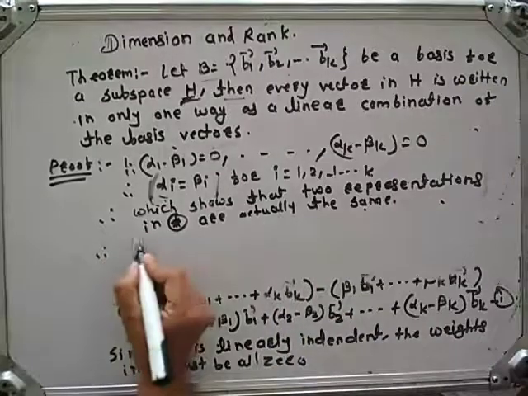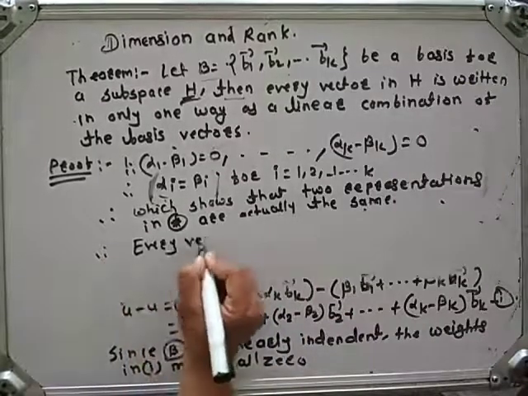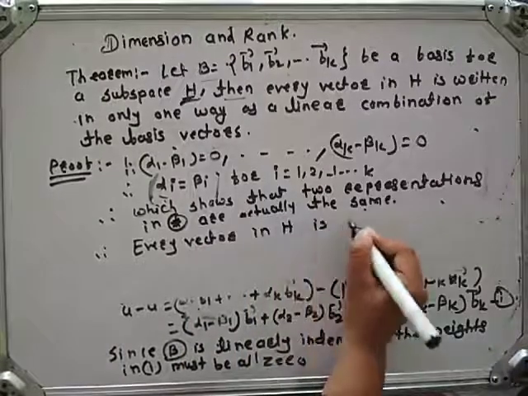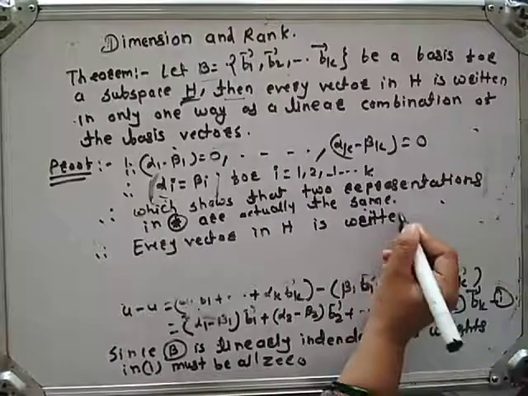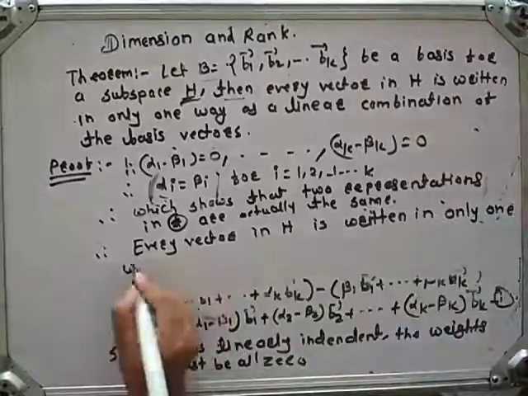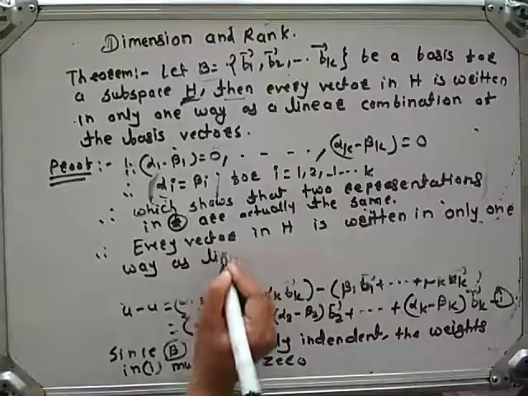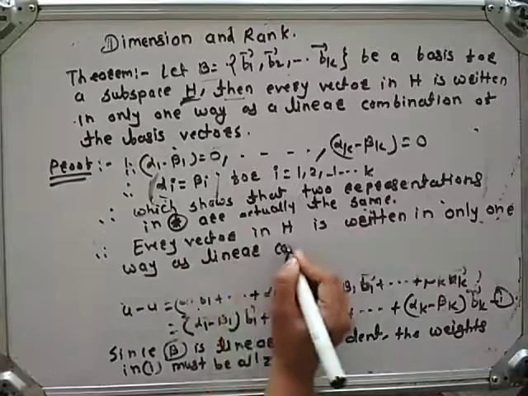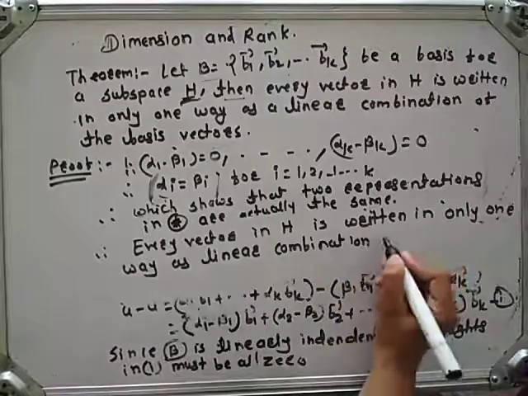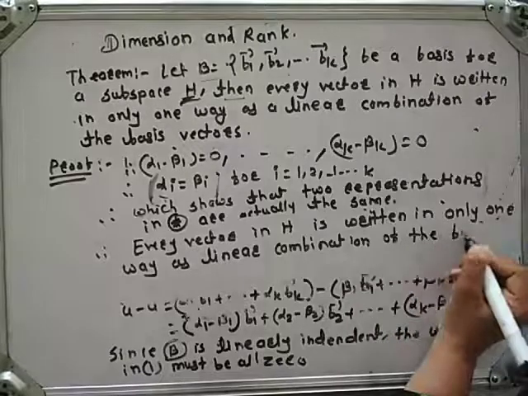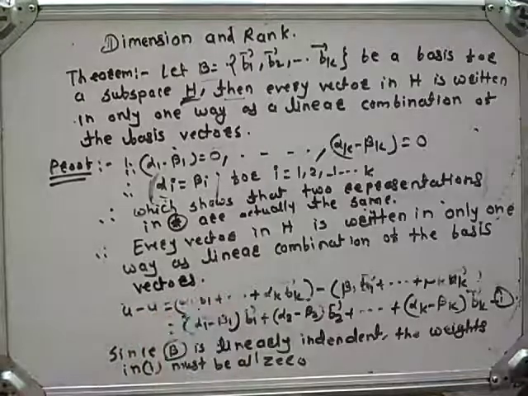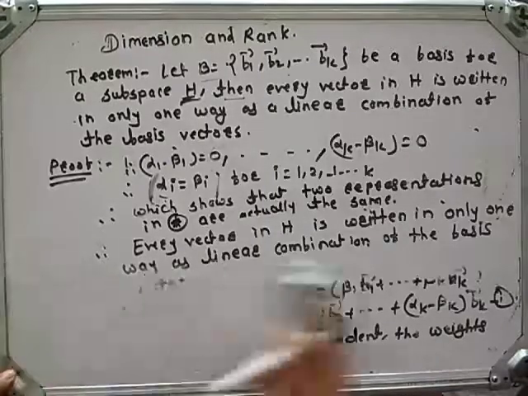Therefore, we can say that every vector in H is written in only one way as a linear combination of the basis vectors. Okay. Hence, the proof of this theorem is completed.